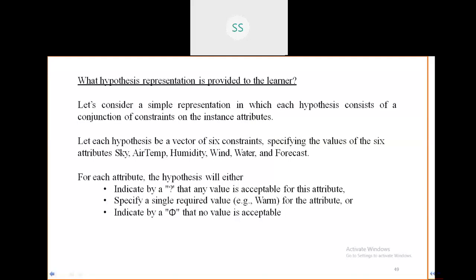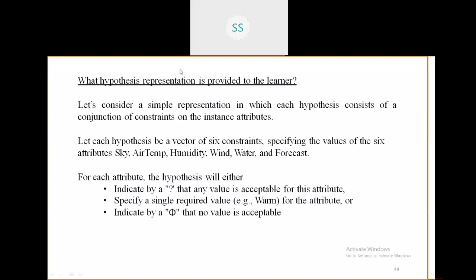It's okay. When you give the hypothesis with a question mark symbol, we call it a general hypothesis, a generalized hypothesis. When you give it with a not symbol, it means a more specific hypothesis.